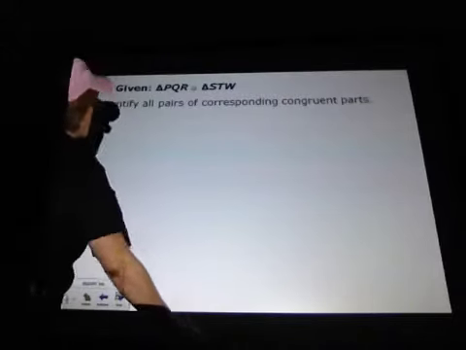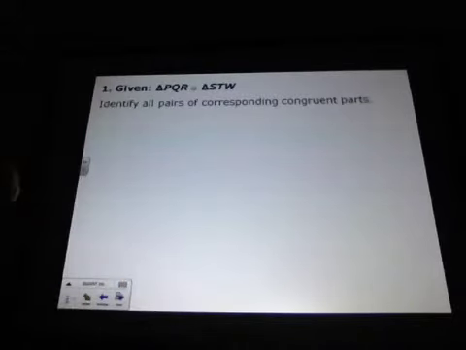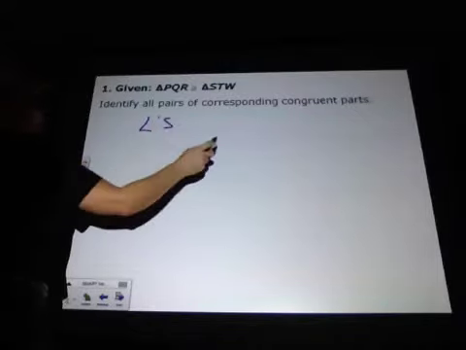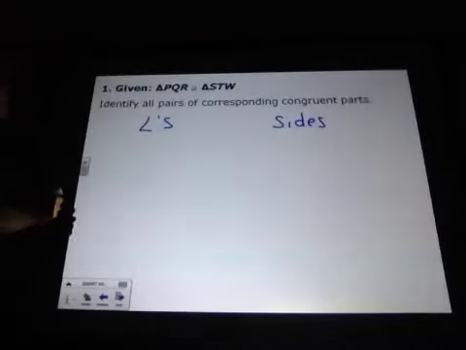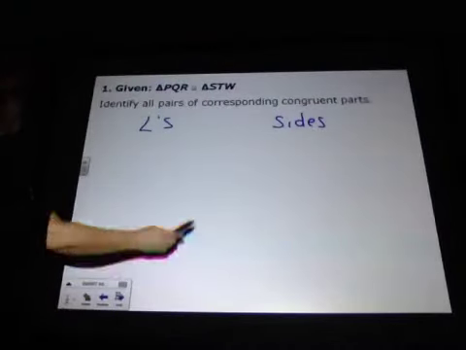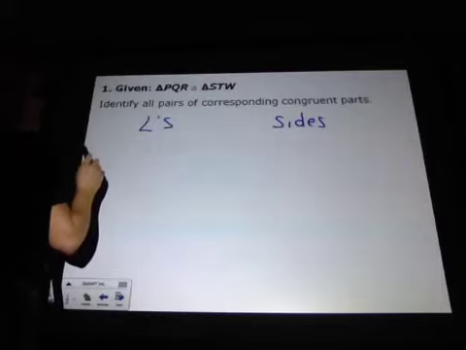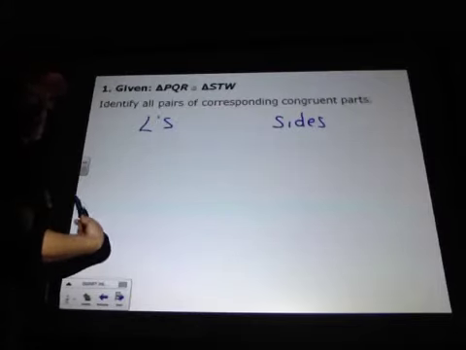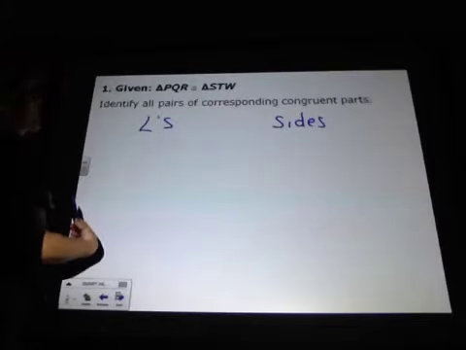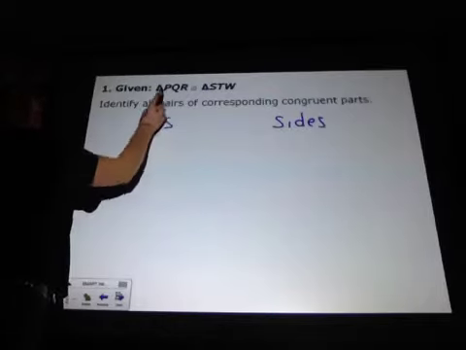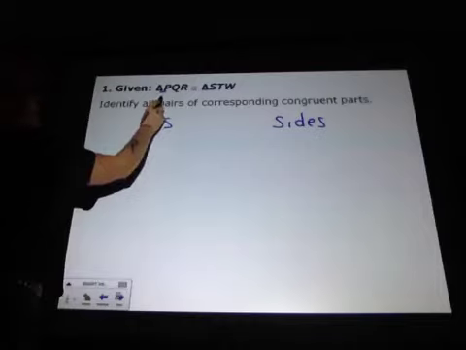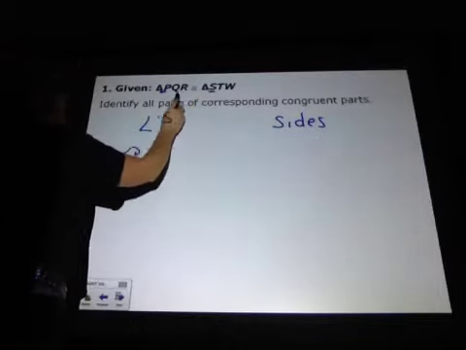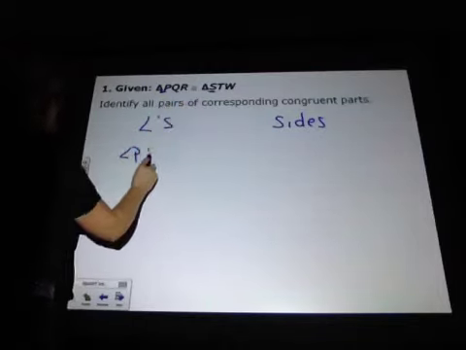So let's look at this first one. We're going to identify all pairs of corresponding congruent parts. So what we'll have is we'll have angles and we'll have sides. Okay, we don't need the diagram. We can look at the congruency statement. And in my opinion, looking at the congruency statement is easier than looking at the diagram sometimes. So we have angle P. Angle P is congruent to angle S because they are the first vertex listed here.